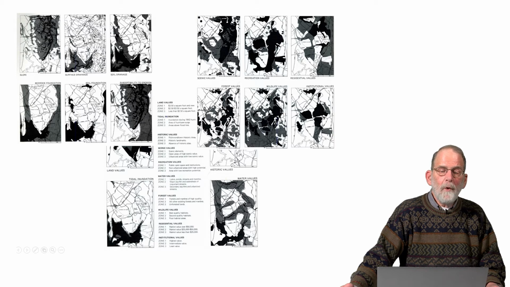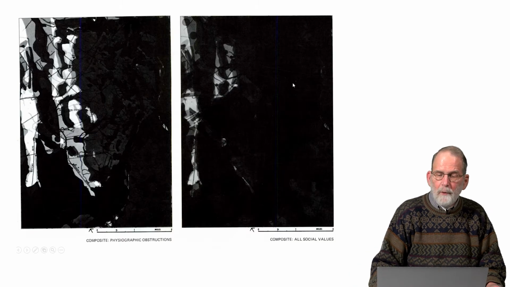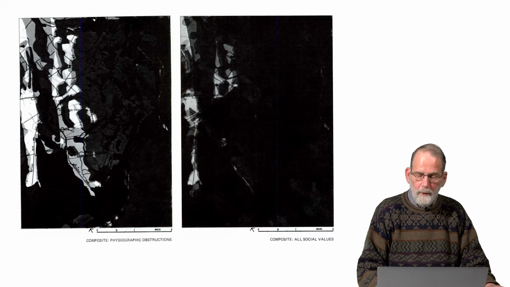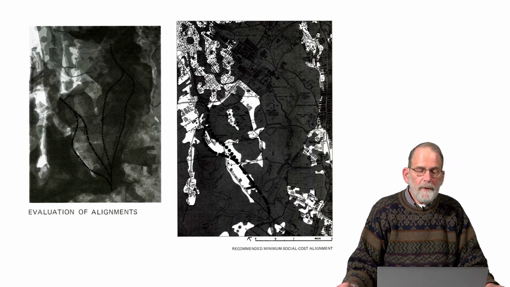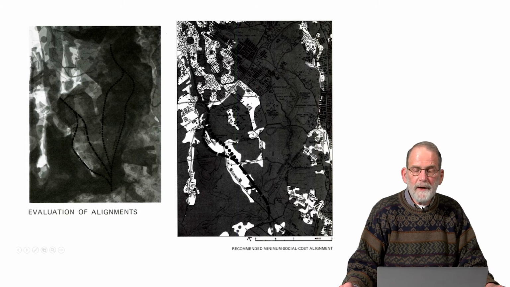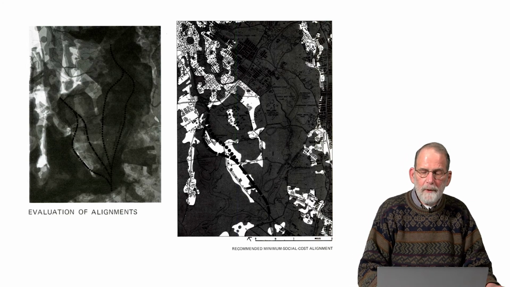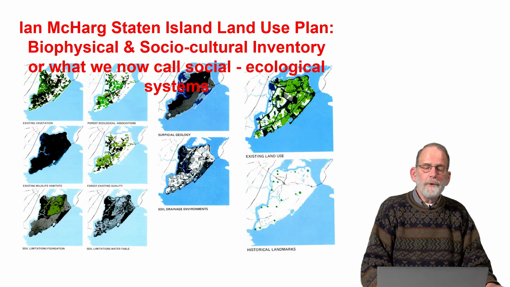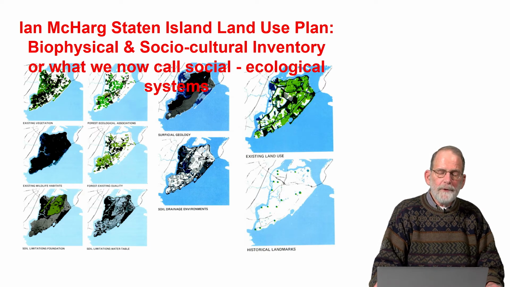And he mapped a whole set of natural resource and environmental information, slopes, surface drainage, scenic values, residential values, and was able then to overlay these multiple value systems on top of one another to identify different corridor options and come up with his final recommendation then that maximized the intrinsic suitability of the landscape for, in this case, location of highways.